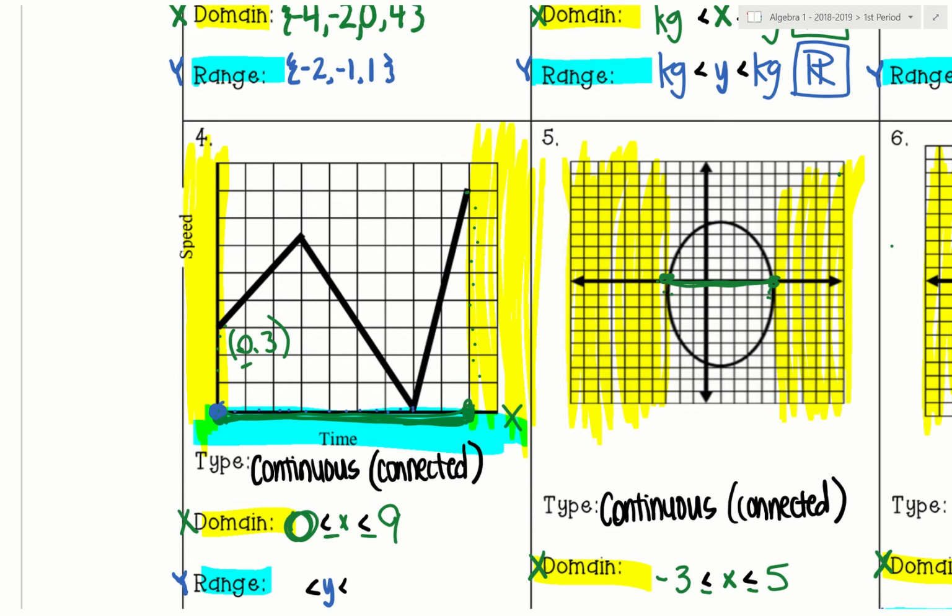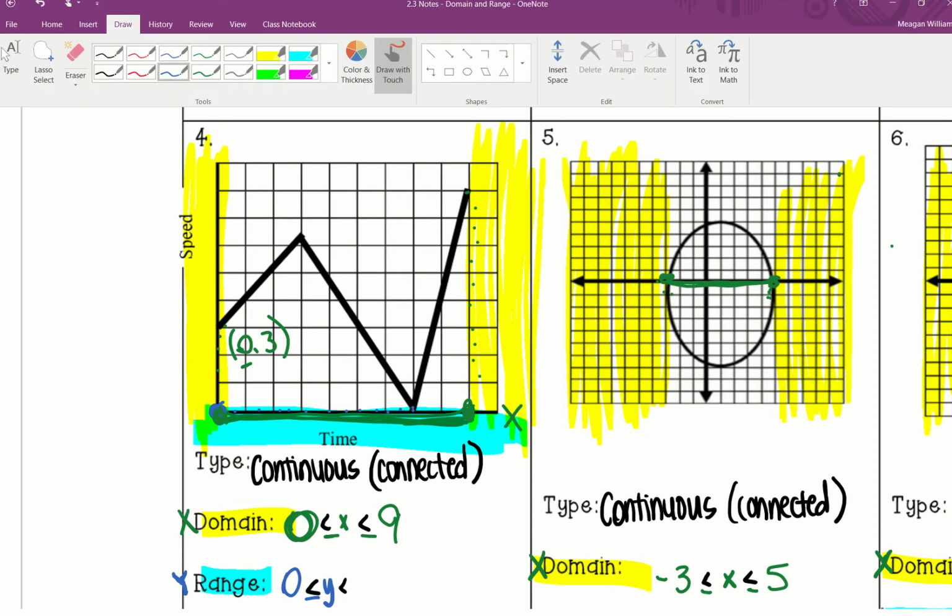So where's that little dot at? Where's the bottom of my graph at? If I move the bottom of my graph to my y-axis, where is it at? 0. Do I have an ordered pair that would have touched 0? Yes. So what do I do with my sign? Underline it.